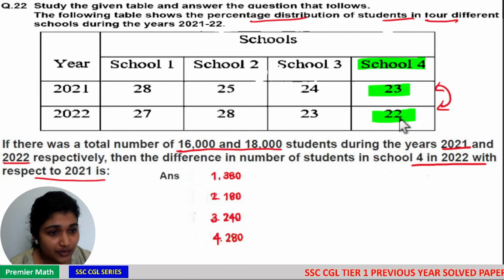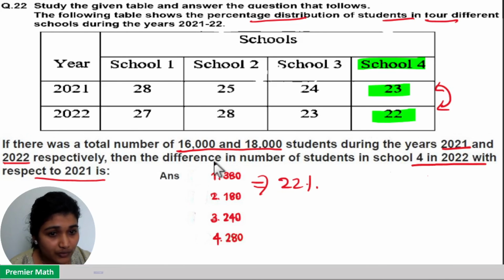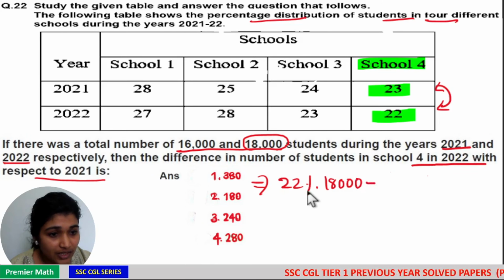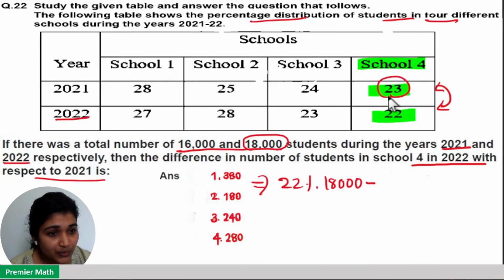Here in 2022, 22 percentage of the total number of students, and the total number of students in 2022 is equal to 18,000. So 22 percentage of 18,000 is the number of students in 2022, and in 2021, 23 percentage of 16,000 is the number of students.